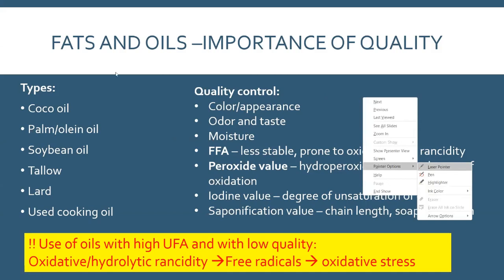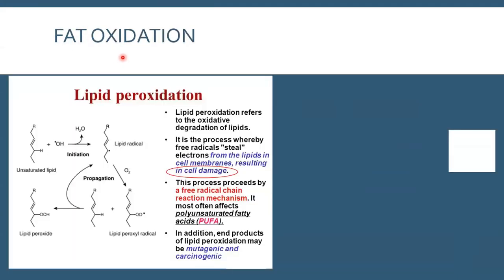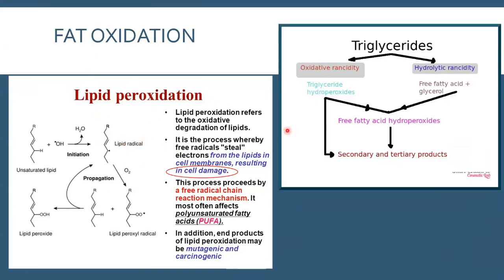Okay. So when we talk about fat oxidation, we're dealing more with peroxidation and the production of free radicals. These free radicals are the ones which create damage to the cells. As we know, there are two types of rancidity, oxidative rancidity and hydrolytic rancidity.